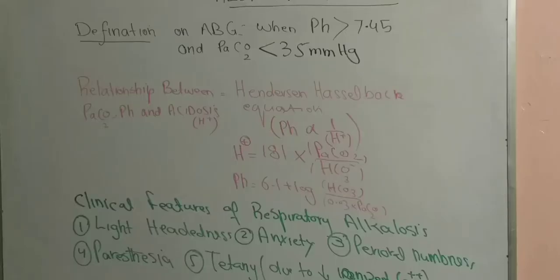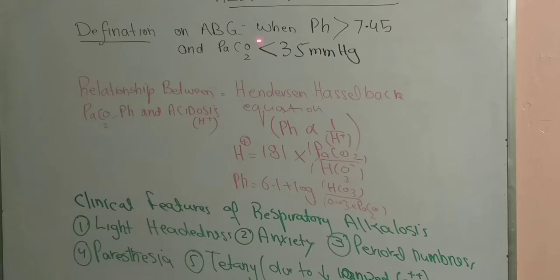As we have seen in the previous three videos on the acid-base disorder, these diagnoses are made actually on the arterial blood gases, be it alkalosis or acidosis, and be it respiratory or metabolic. So the definition of respiratory alkalosis again goes back to the ABGs. On the ABGs, the normal pH is 7.35 to 7.45, but when you see that the pH is more than 7.45, that means this is alkalosis.